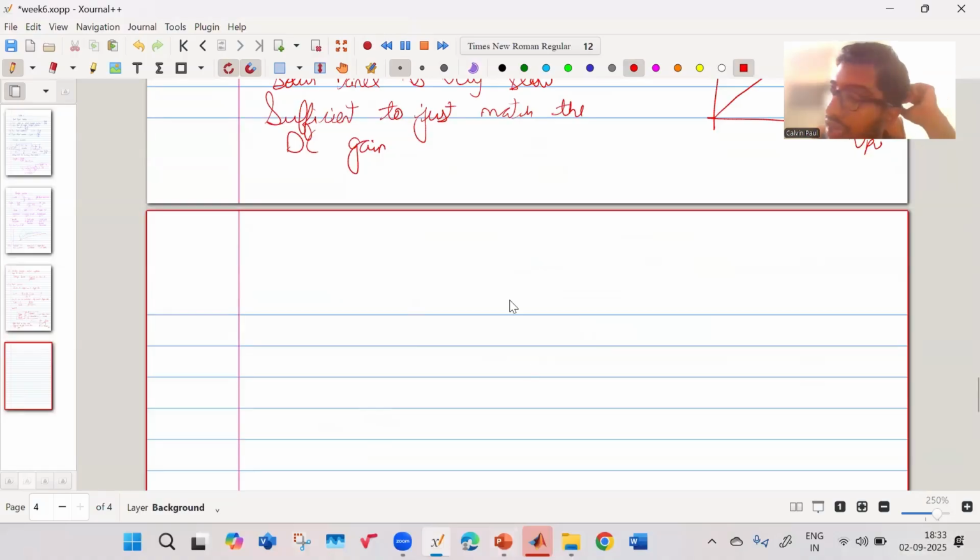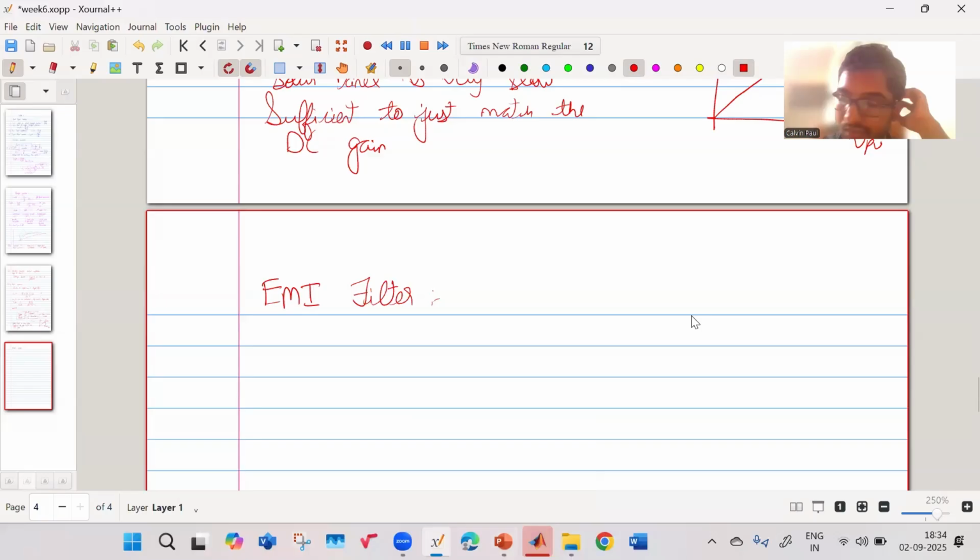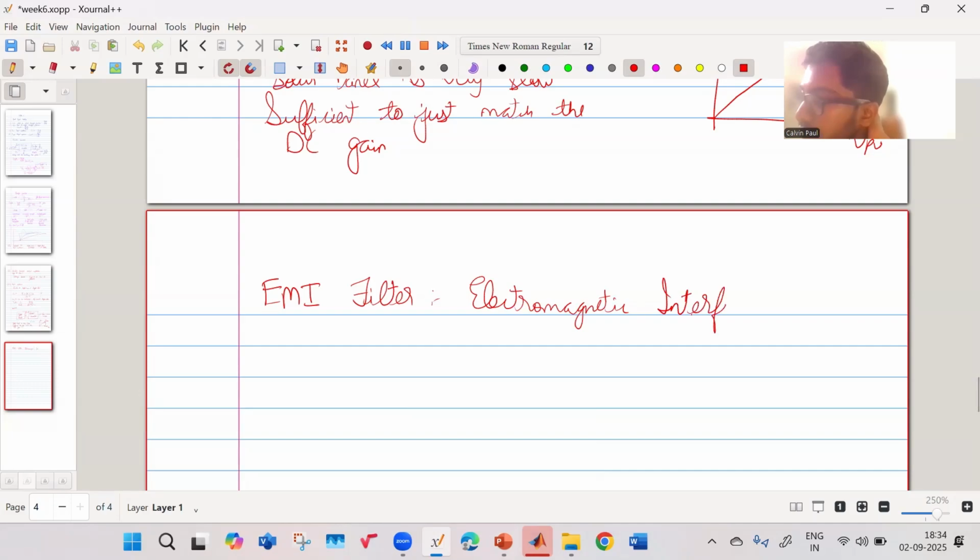Next part is you should have an EMI filter. So can anyone tell me what is the full form of EMI? Electromagnetic interference. Yes. That means you have your DC-DC converter here.